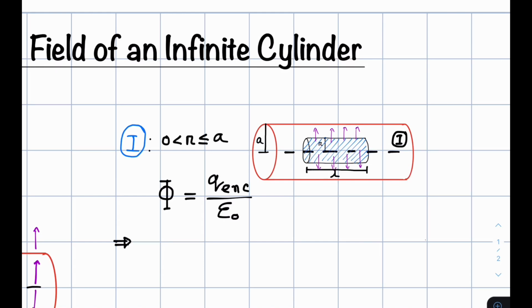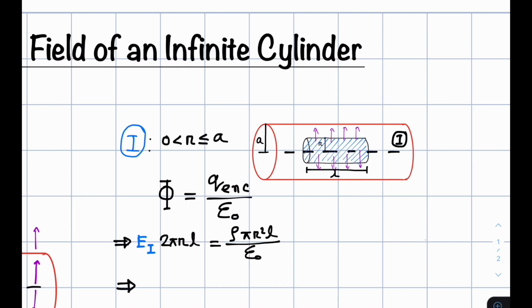So the electric flux through this closed cylindrical surface will be equal to the electric field, which we'll call E1, times the area of the closed cylindrical surface, 2 pi r L, is equal to the total charge enclosed in this volume, which we can write as rho times the volume of the enclosed cylinder, pi r squared L, and the whole thing is divided by epsilon naught.